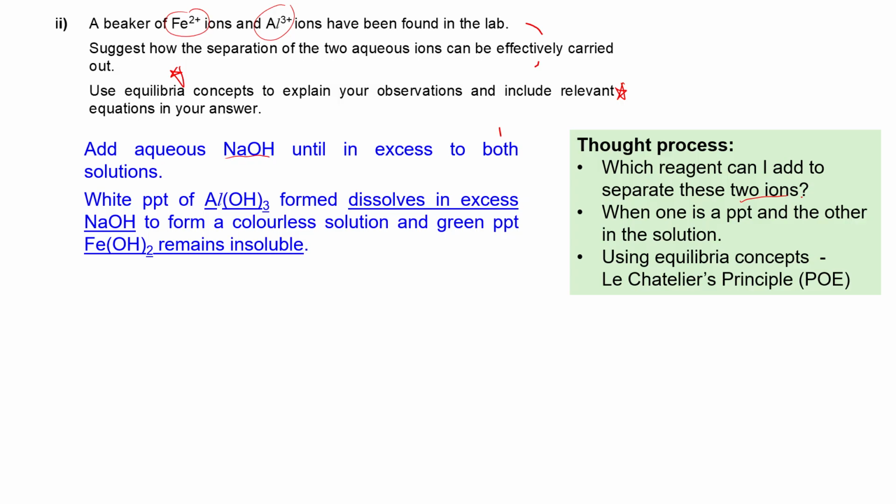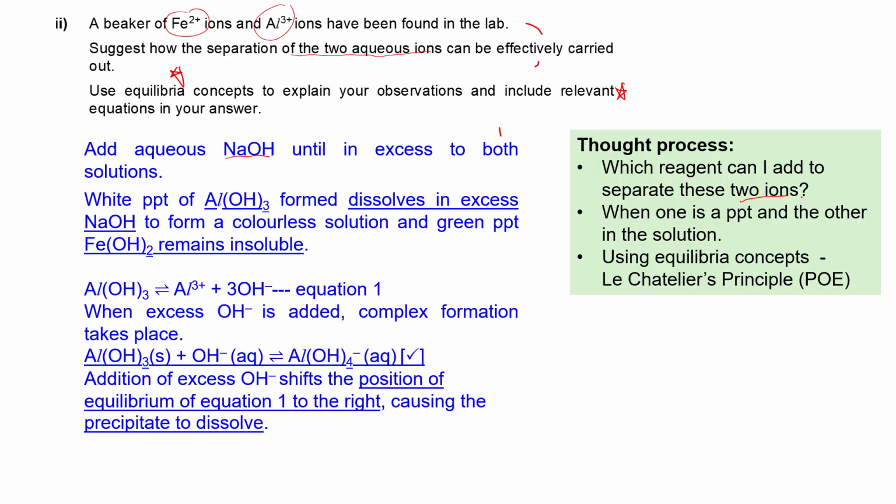Okay, so we have answered the first part to talk about suggesting how the separation of the two aqueous ions can be effectively carried out. Then how do you use the equilibrium concepts then? Right? So based on your theory, you should have this first equation, aluminium hydroxide is a sparingly soluble salt with its ions, Al3+ as well as 3 OH minus.